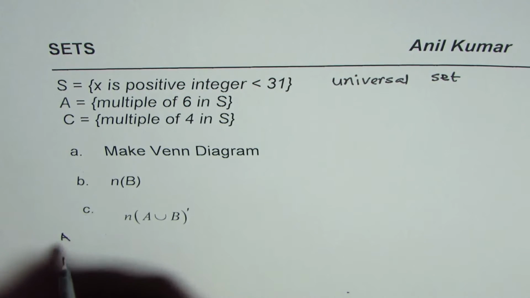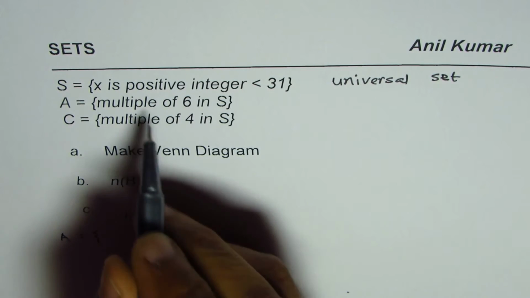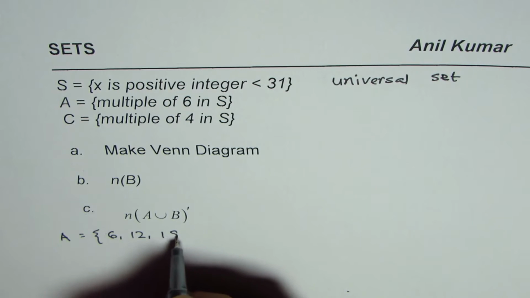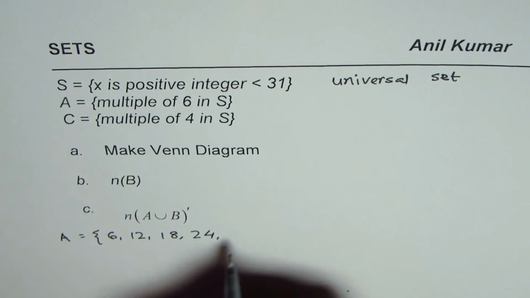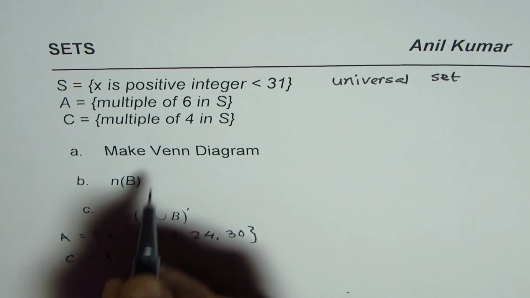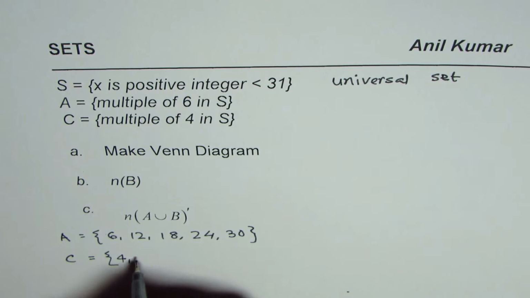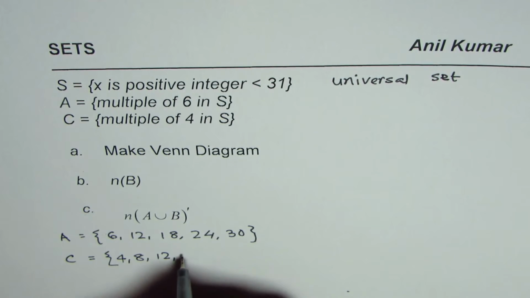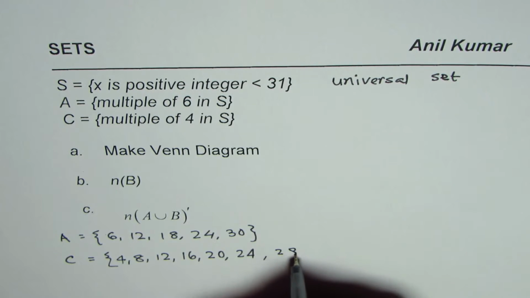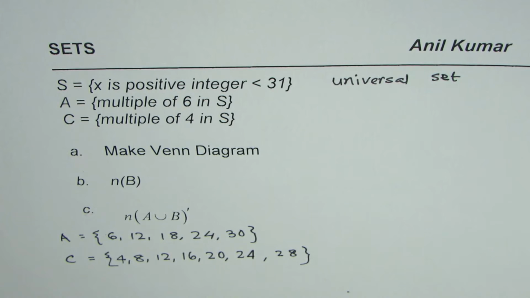Let me begin with A. Set A is multiples of 6, so that means 6, 12, 18, 24 and 30. And set C is multiples of 4, so it is 4, 8, 12, 16, 20, 24, 28. These are the multiples of 4.